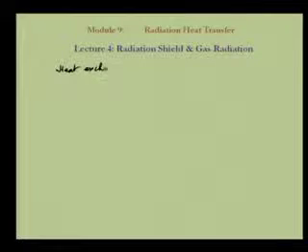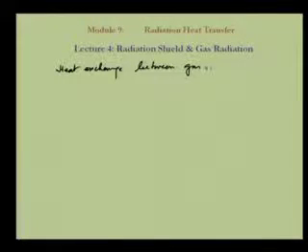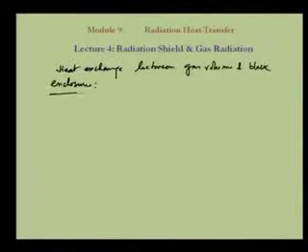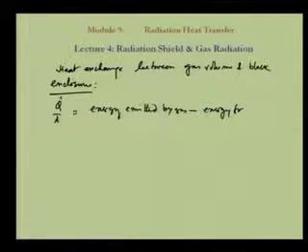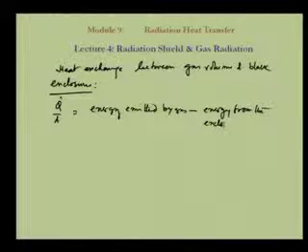Now, if we concentrate on the part of heat exchange between a gas volume and a black enclosure, we will see that Q dot by A net will be the energy flux emitted by the gas minus the energy from the enclosure absorbed by the gas.